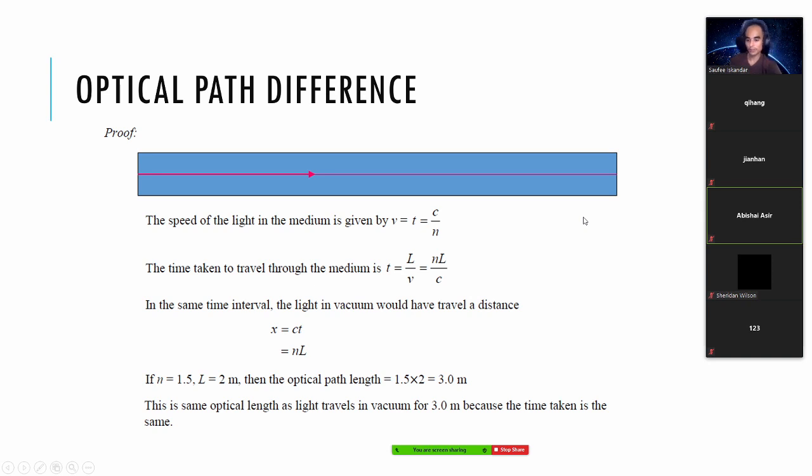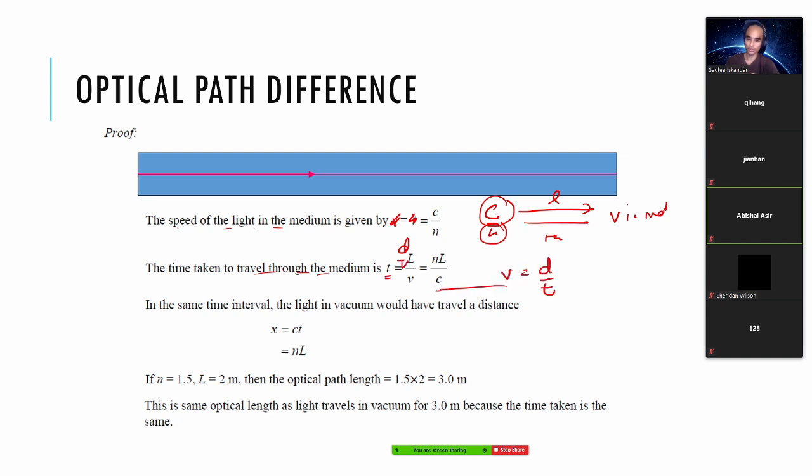The speed of light in a medium is given by c over n: the speed of light in vacuum divided by the refractive index. So this is the speed of light in the medium. The time taken to travel through the medium is t equals d over v, since v equals d over t.